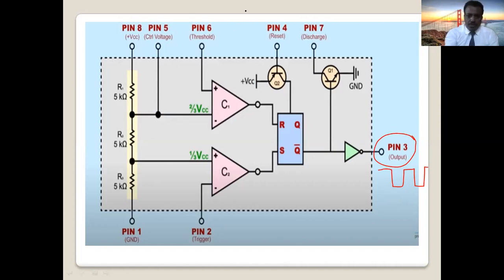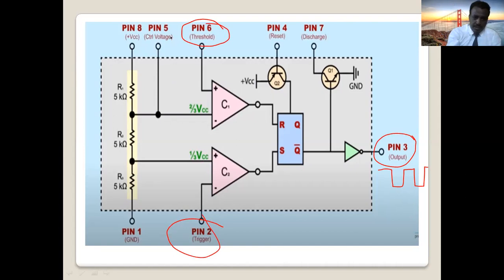The two main inputs for a 555 timer are the trigger, pin number 2, and pin number 6, which we call the threshold input. Based on these inputs at pin number 6 and pin number 2, we can control the output. The output can be high state or low state, depending on these two inputs.